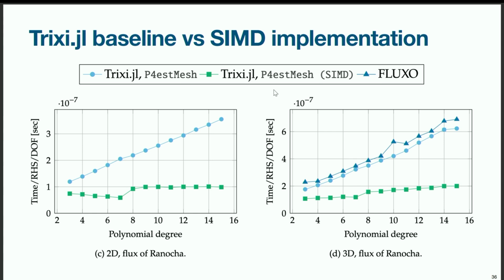That's a good thing. Previously, what we saw is that as we increased the polynomial degree, as we went to higher and higher orders, we ended up getting an increasing performance index. So things got less and less efficient per degree of freedom. With vectorization, you basically see no change as we go to higher order at all in 2D, and barely any change in the performance as we increase orders in 3D.